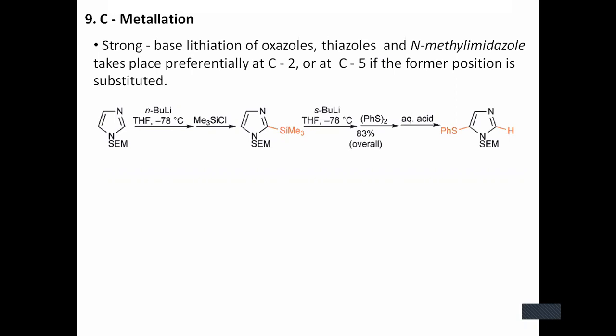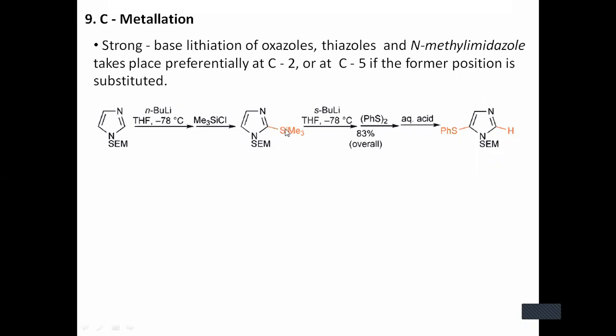You see here, n-butyl lithium abstracts the proton at the second position at -78 degrees, and when you react with trimethylsilyl chloride, silicon is the metalloid, so carbon-metal bond formation takes place. Similarly, when you react this compound again with butyl lithium, it will abstract a proton from here, and the SiMe3 migrates here, and the second position will absorb a proton from water.